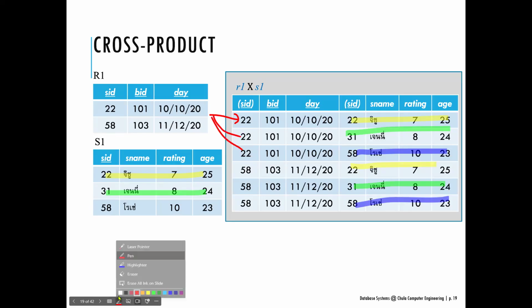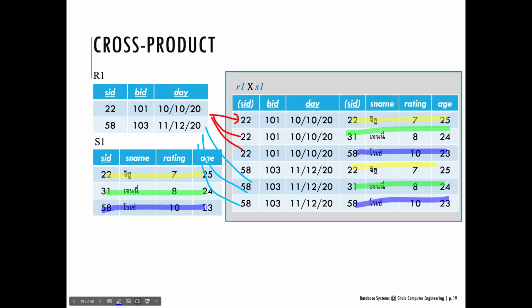And then the second one will be here. So you have to pair everything on the left side, which comes from the first table or the first relation, and the right one would come from the second relation. So now you have all possible pairs together.